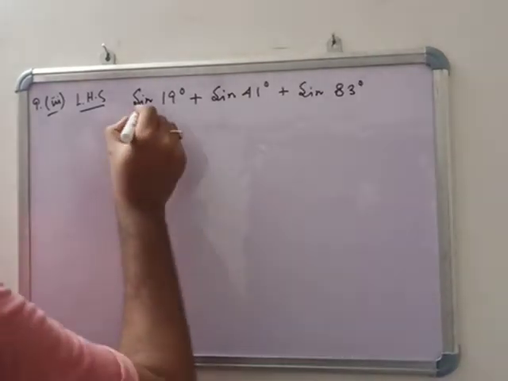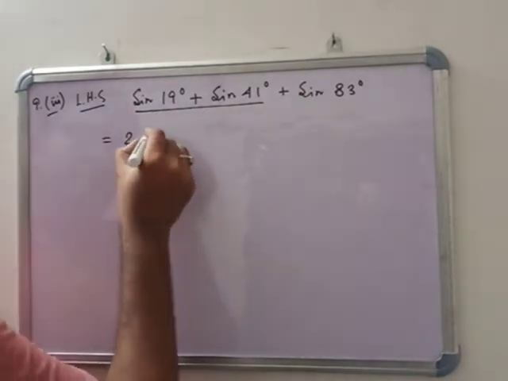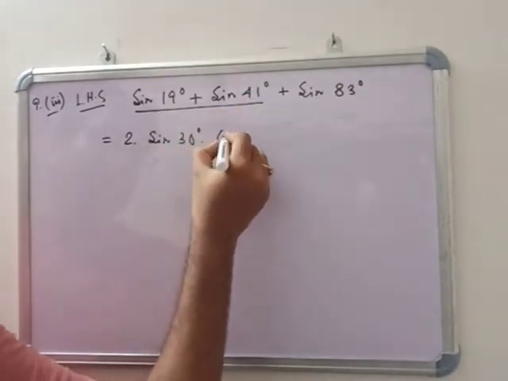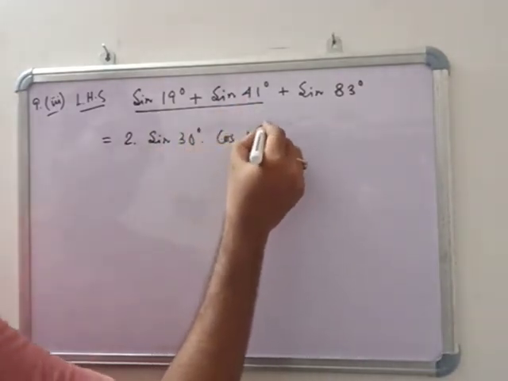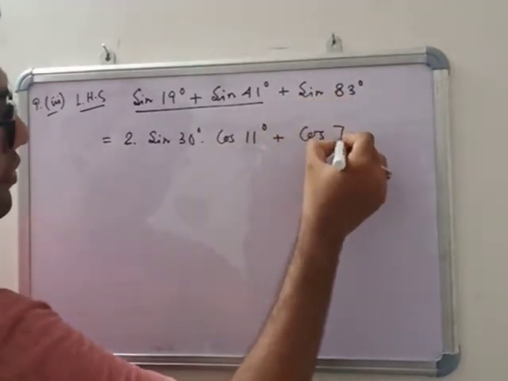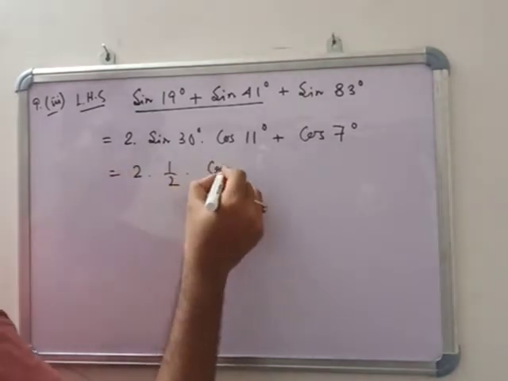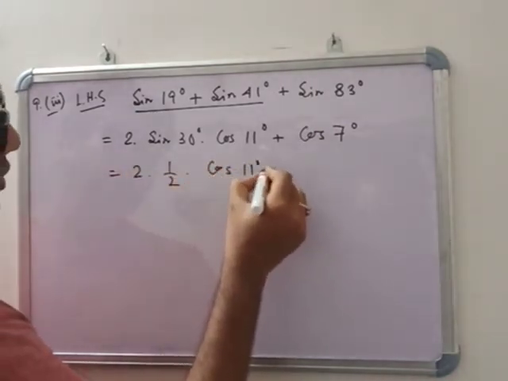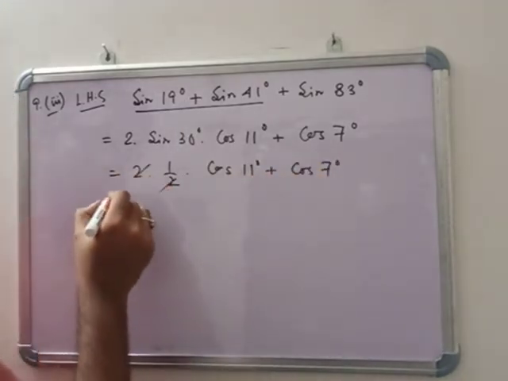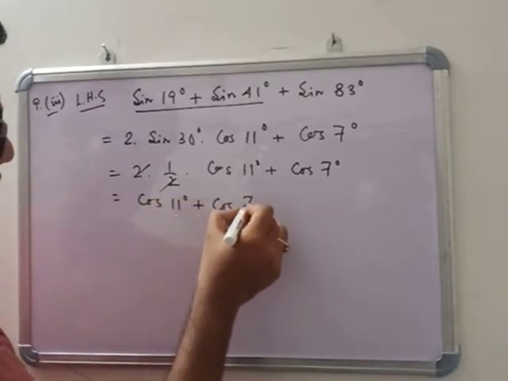If we take these two, we can write 2 of sine 30 cos 11 degree and sine 83, that means cos 7. So 2 into half into cos 11 plus cos 7. So that means cos 11 plus cos 7.